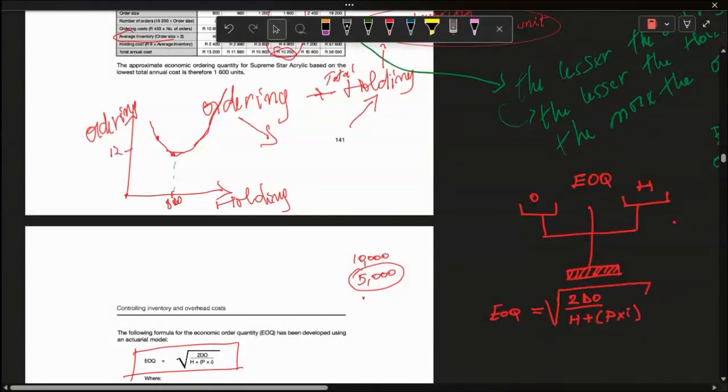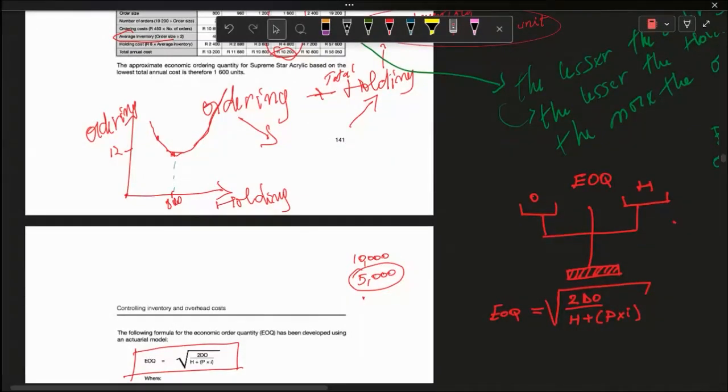They want you to find the quantity where you minimize the cost of ordering and it is equal to the cost of holding a product. Simple. That's why I have added a scale here to say that you need to balance these two costs.